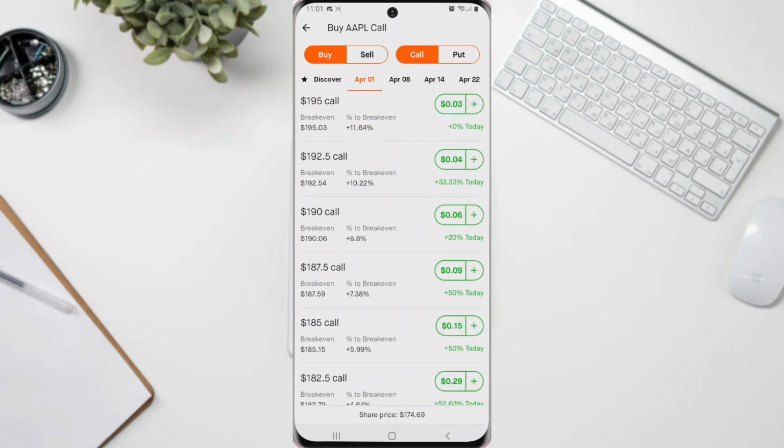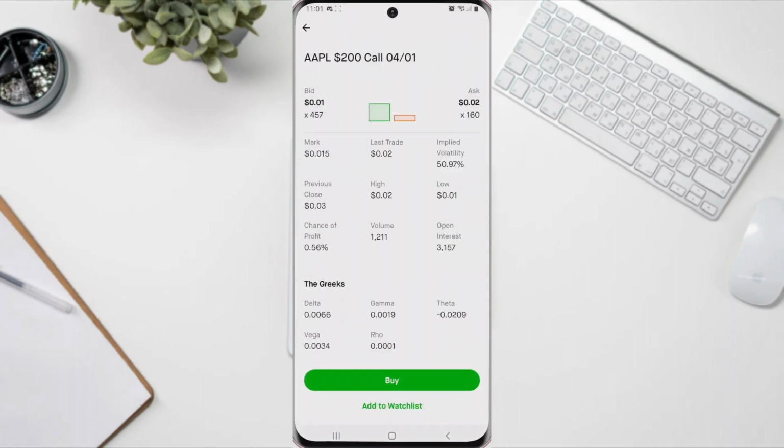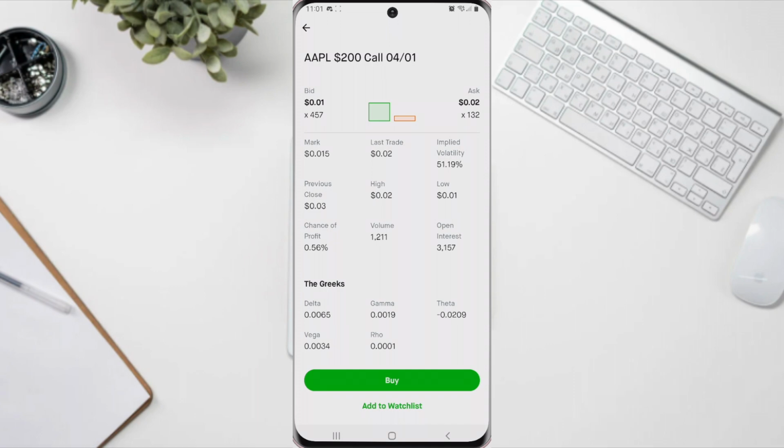Now, just say you were looking at, for the sake of this video, the 200 call. There's only 1,200 people in volume that's trading in that contract. There's only 3,100 people that are holding that contract. That is what you call a lotto play. Like, you're pretty much gambling. Do we absolutely think that Apple is going to hit $200 this week?